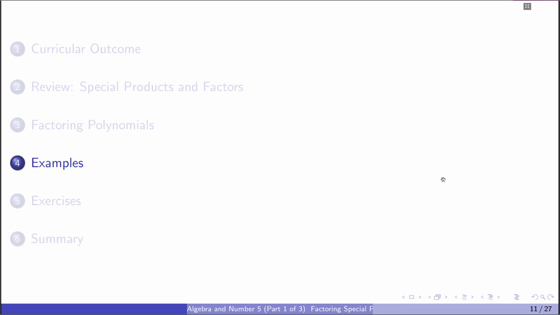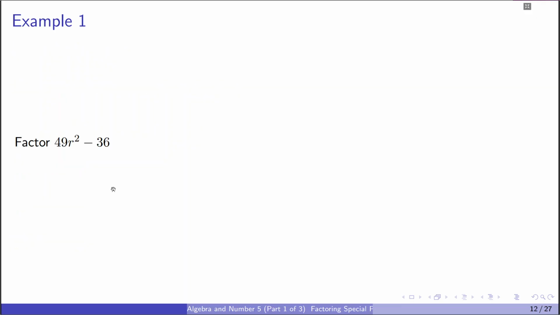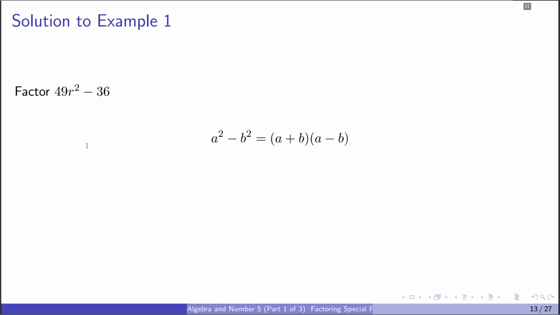Right, let's look at some examples. So let's factor 49r squared minus 36. 49r squared and 36 are both perfect squares. They're separated by a minus sign. We have no term with just r. That's a difference of perfect squares. So our a here would be the square root of 49r squared. That's 7r.